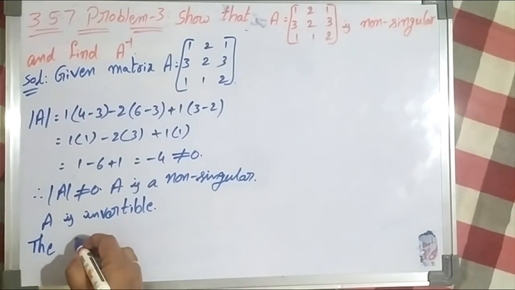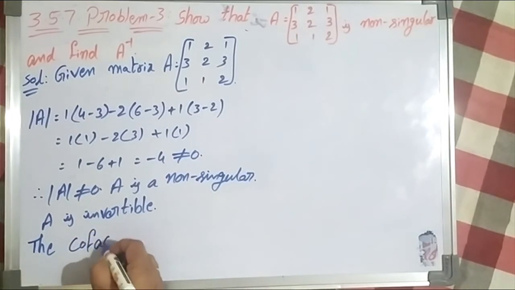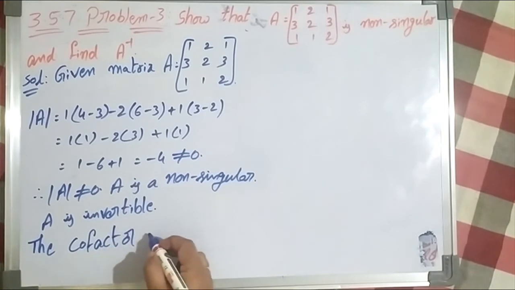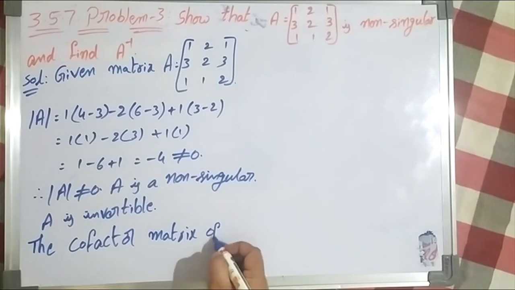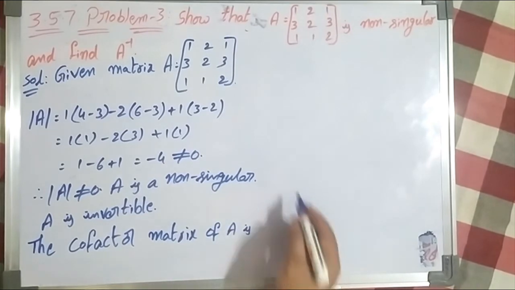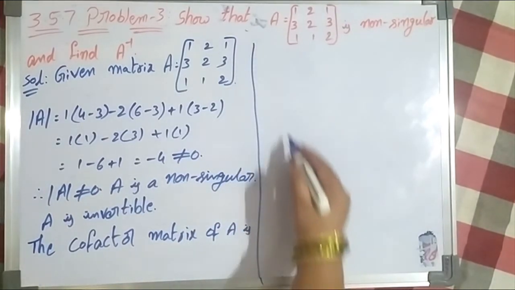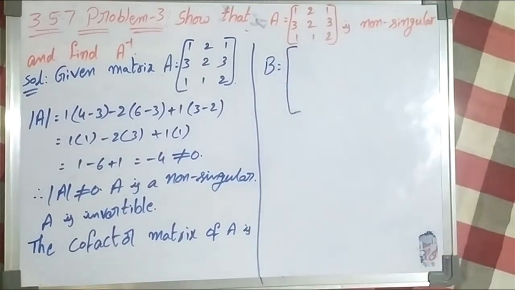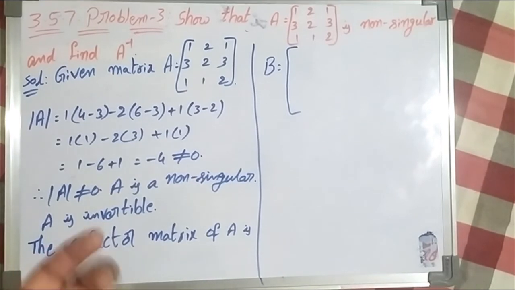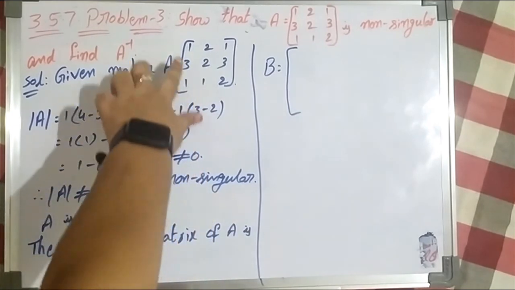The cofactor matrix of A, let it be B, equal to, we have to find the cofactor matrix. That is minus 1 whole power i plus j into the minor of that element.